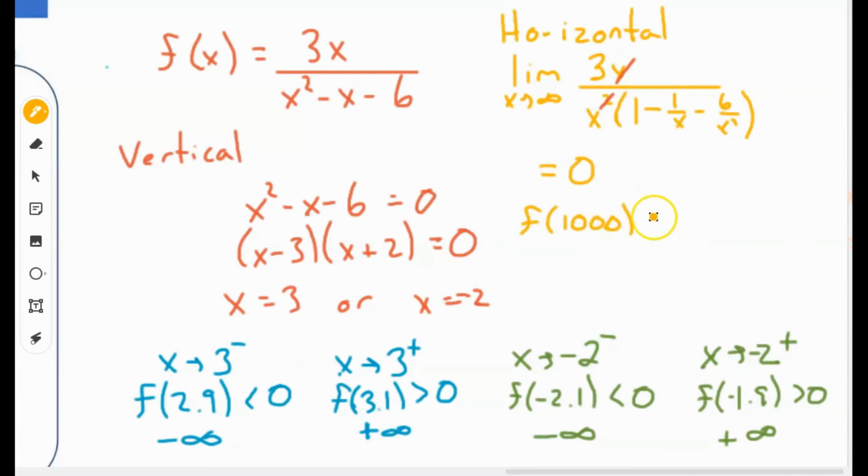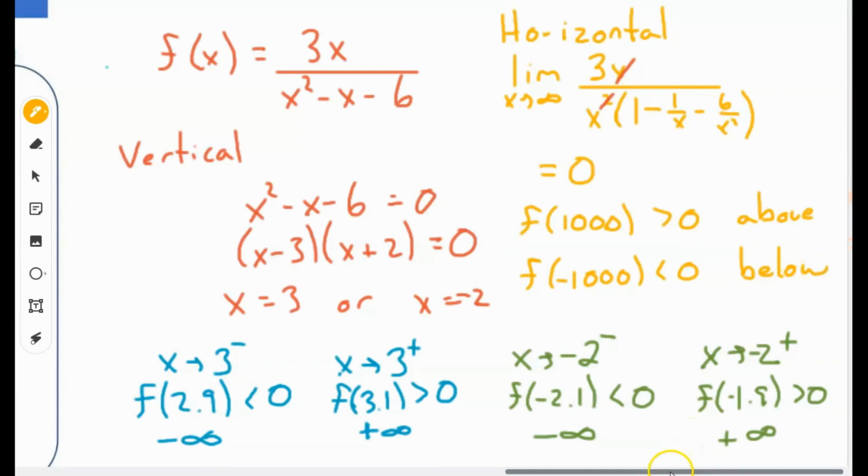Doesn't matter. But if you test f at 1,000, you'll get a positive number. Therefore, it's approaching from above. And if you test f at, say, -1,000, you are going to get a negative number. Therefore, it's approaching from below.